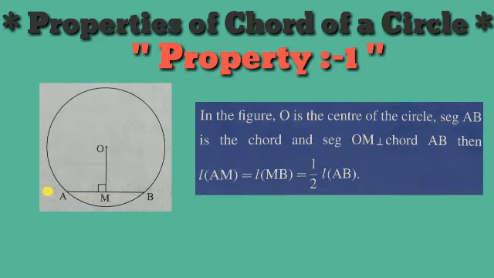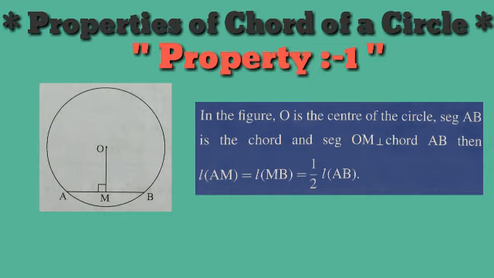Therefore, the length of AM is equal to length of MB. It means both have similar measurement, which is just half of the length AB, which means that the perpendicular is going to bisect the chord AB at the midpoint M. That's why the length of AM is equal to length of MB, which is half of AB.